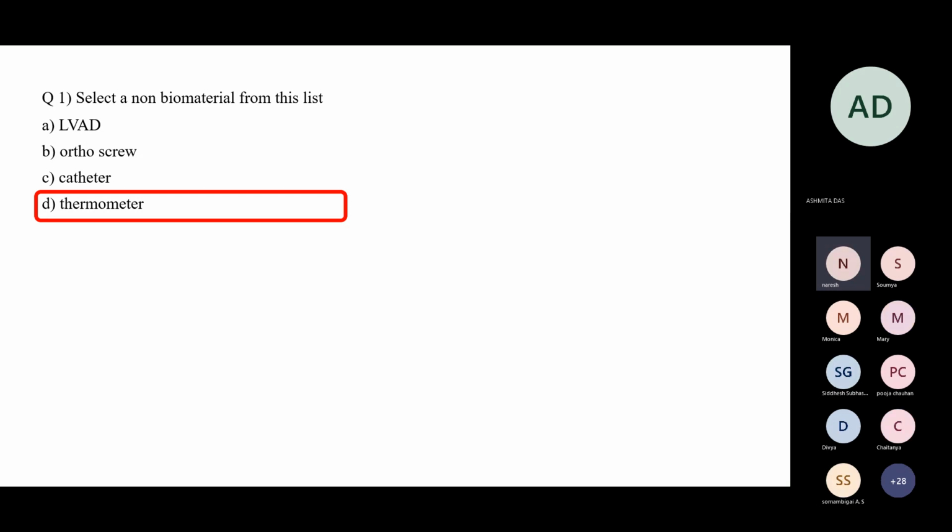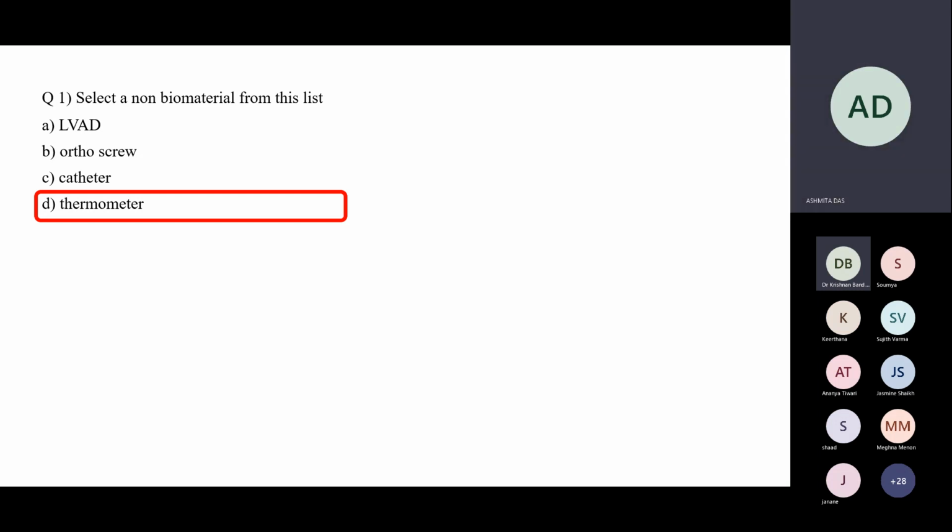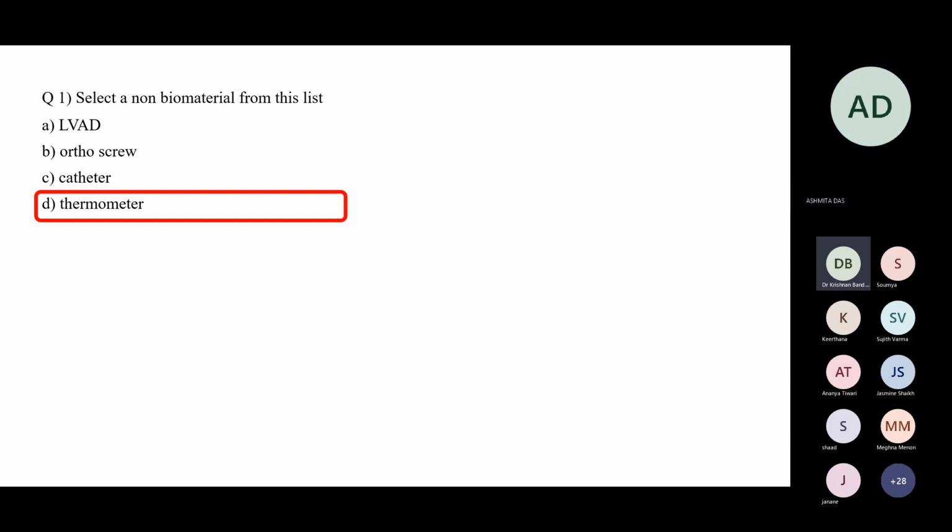Left ventricular assisted device. Okay, what is the purpose of using this device? Like pacemaker and heart ventricular assistive device. The classification is RVAD, LVAD, and BiVAD.